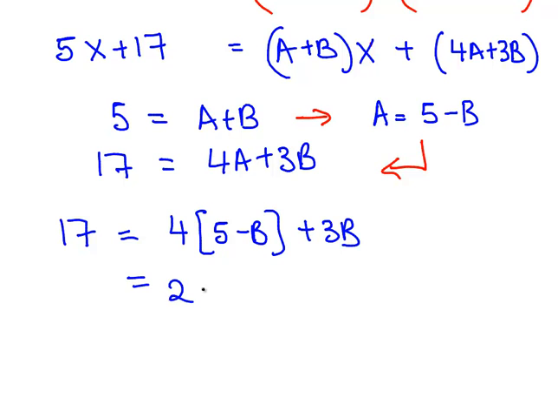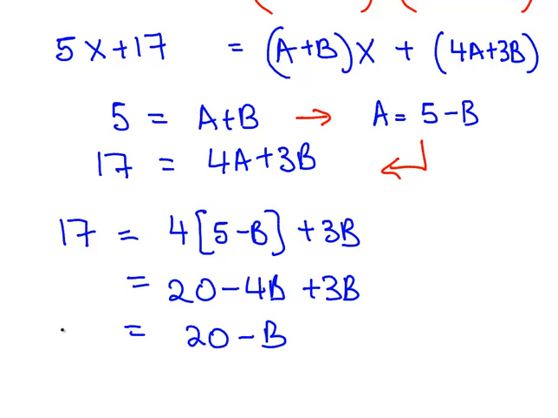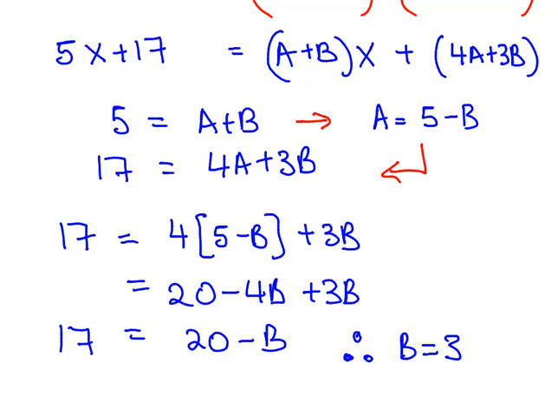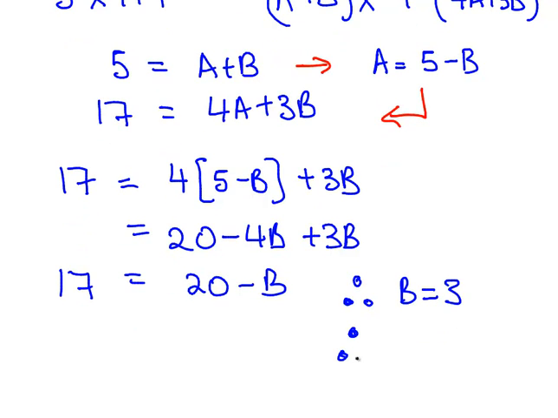That is equal to 20 minus 4b plus 3b, which is 20 minus b. So 17 equals 20 minus b. Therefore, b is equal to 3. And necessarily, a is equal to 5 minus 3, so a is equal to 2.